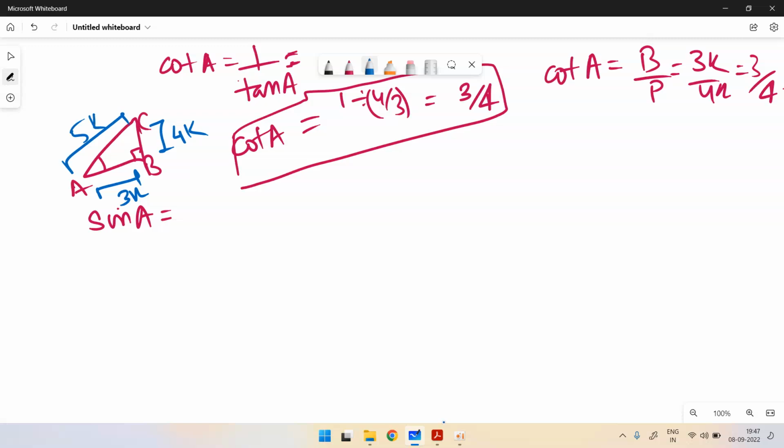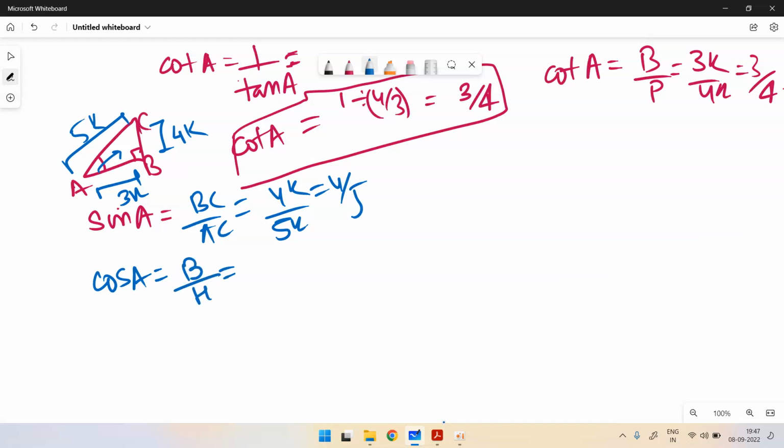So sine A is BC by AC, that is perpendicular by hypotenuse. BC is 4k and AC is 5k, so sine A is 4 by 5. Now cos A is base by hypotenuse, which is AB by AC, nothing but 3k by 5k, equal to 3 by 5.